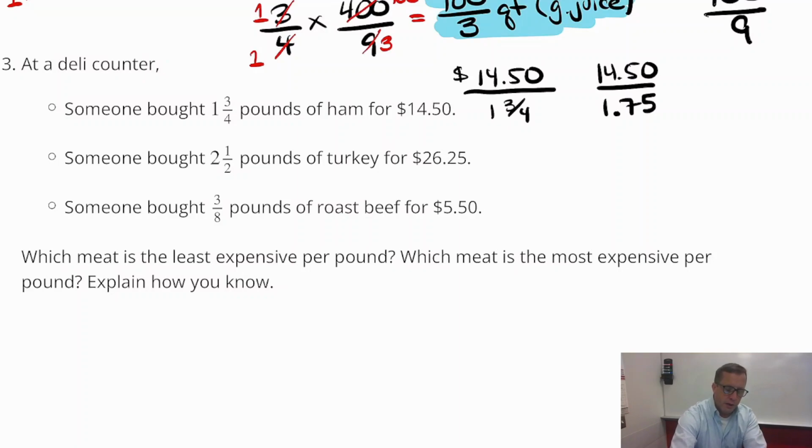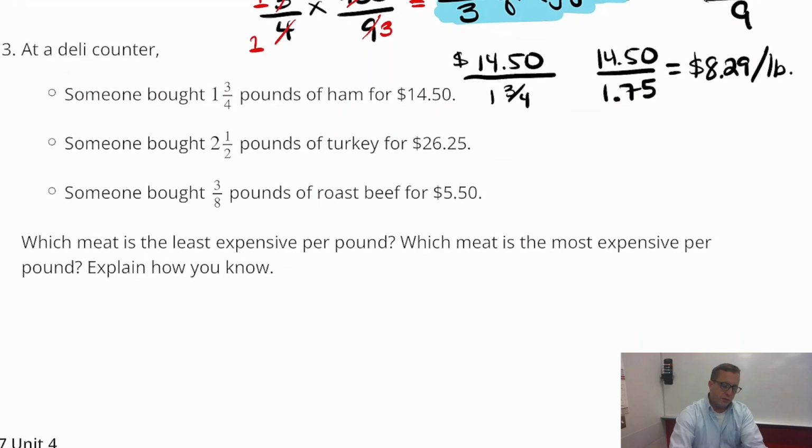I'm going to need to round this, but it comes out to 8.285, so I'm going to round that to about $8.29 per pound. Okay? So that's what that one came out to.